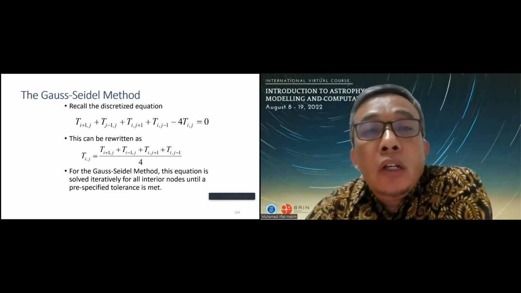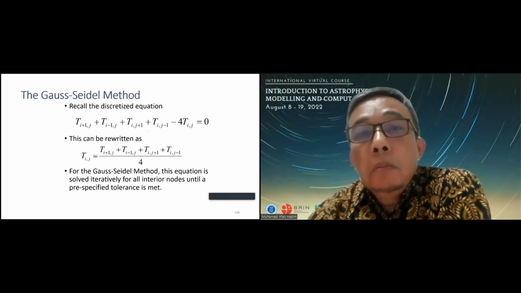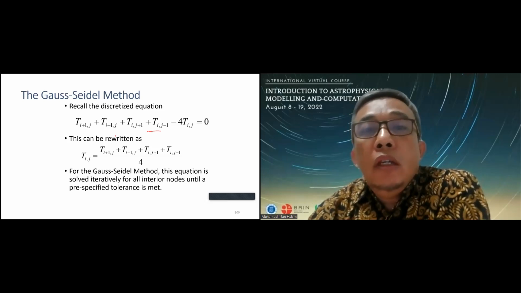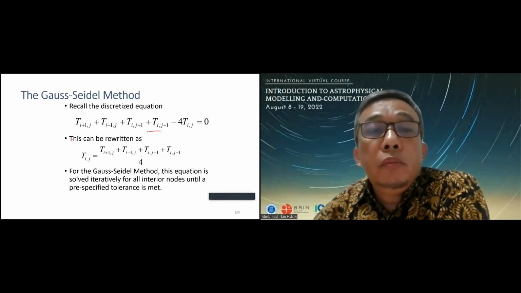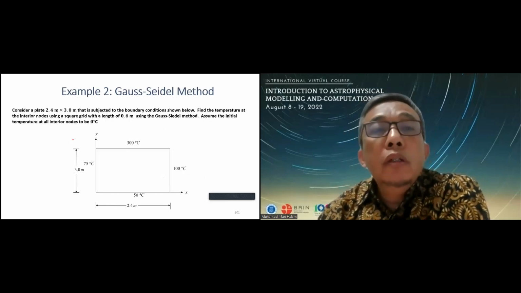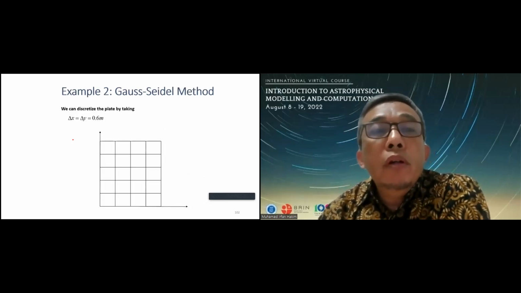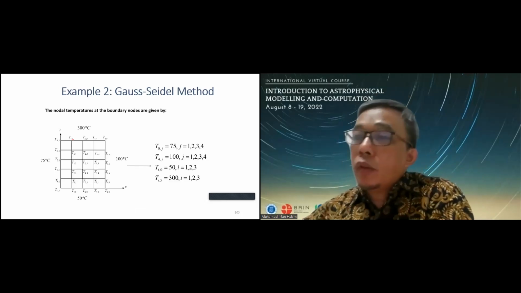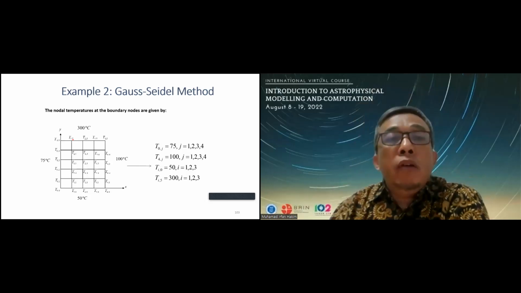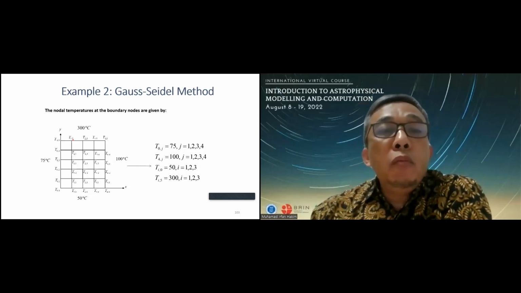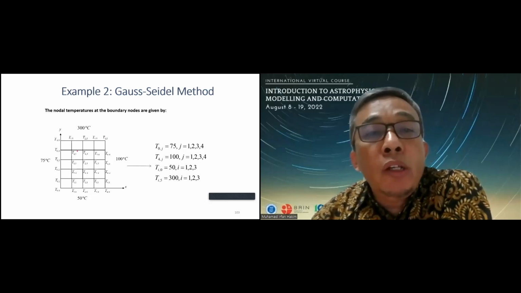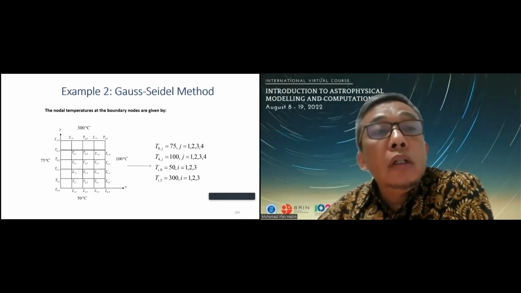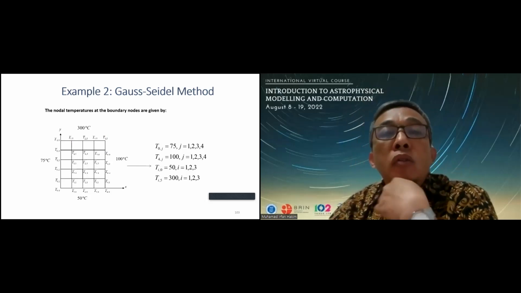So we can rearrange this discretization equation. That's the same description as the direct method. We are dealing with 12 internal nodes here, or 12 unknowns.